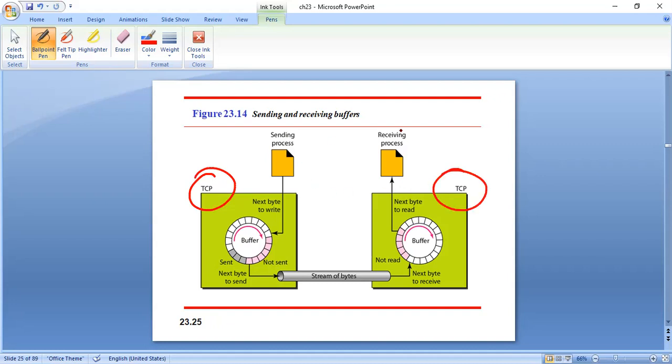This is a sending process, this is a receiving process. The next byte to be written is in the array, and these are sent, and this is not sent, and the next byte to be sent is from here. It will be sent, and it has been read here, and the buffer will be placed here.